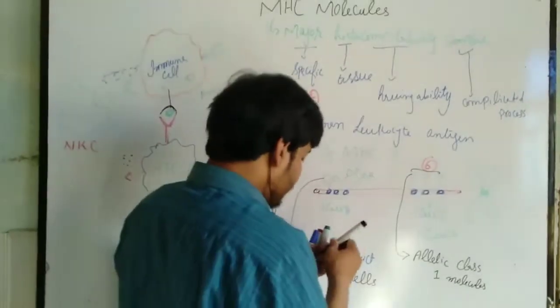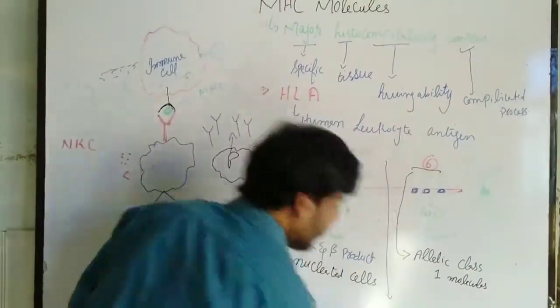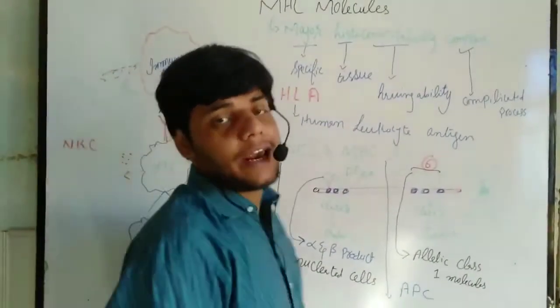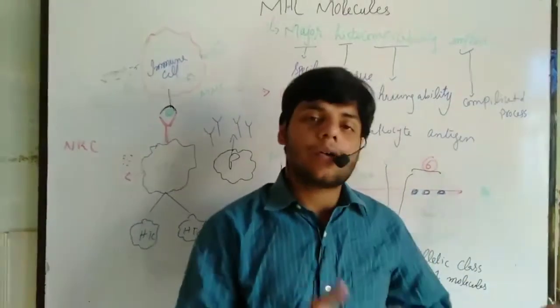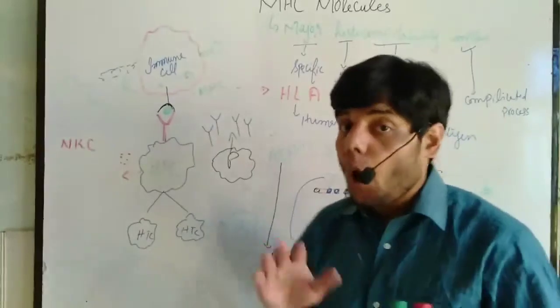and the MHC2 molecule is present in antigen presenting cells. I already explained that antigen presenting cells means dendritic cells, macrophages and B cells. Why?